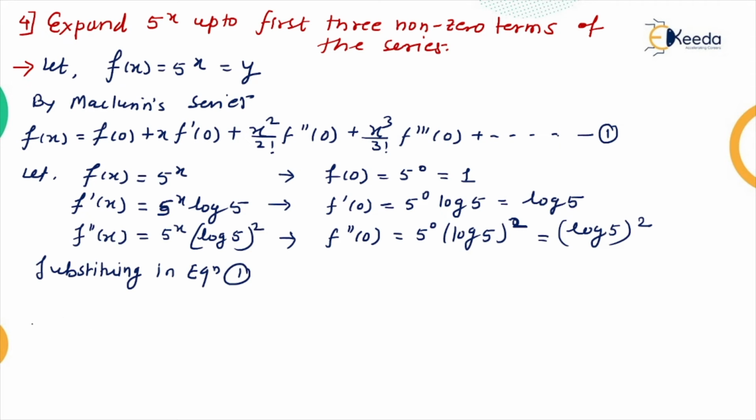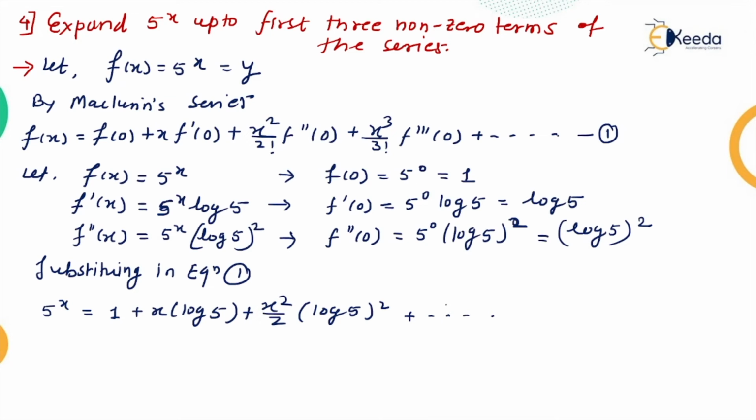Now you know very well, f of x is 5 raised to x, and that is equal to f of 0, whose value is 1, plus x into f dash of 0, whose value is log 5, plus the next term x squared divided by 2 into f double dash of 0, which is log 5 in brackets squared, plus and so on, guys.